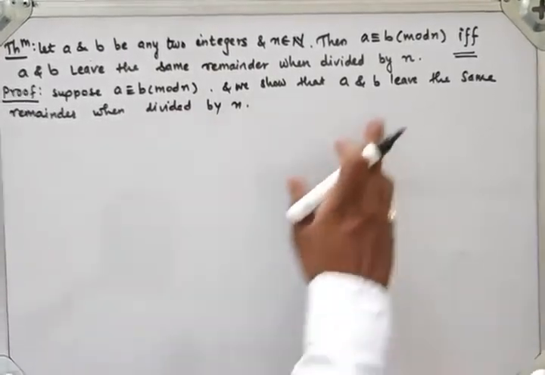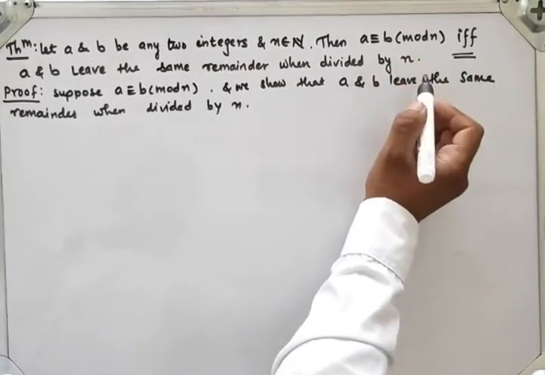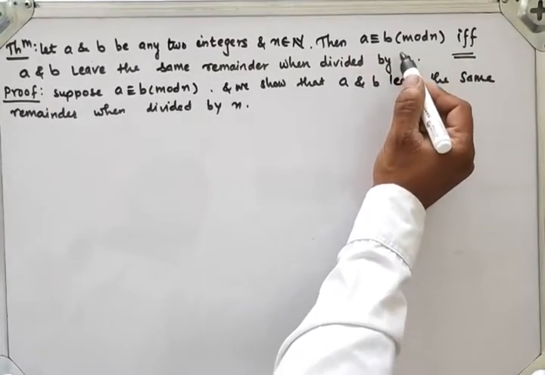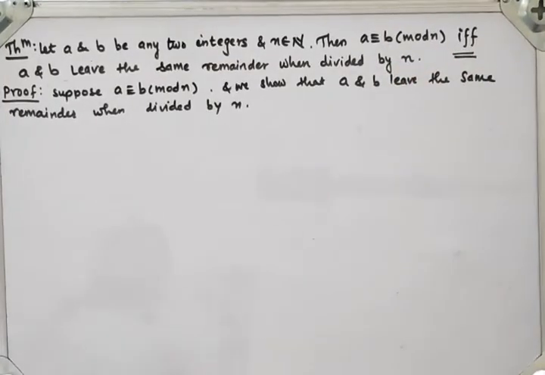So if I divide a by n, it gives a remainder which is the same as when we divide b by n, so both give the same remainder.